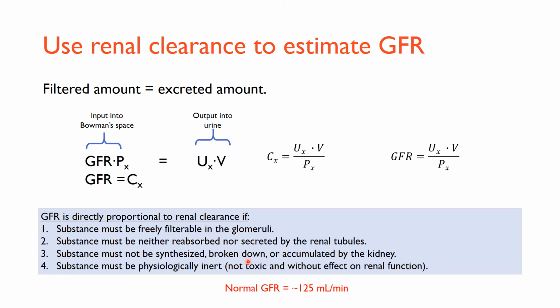It can't be synthesized, broken down, or otherwise accumulated or gobbled up by the kidney. And it must be physiologically inert, so it can't be a toxin, and it can't change renal function. So if all of these things are true, then you can use clearance to calculate GFR. And remember, again, normal glomerular filtration rate should be hovering around 125 mL per minute.